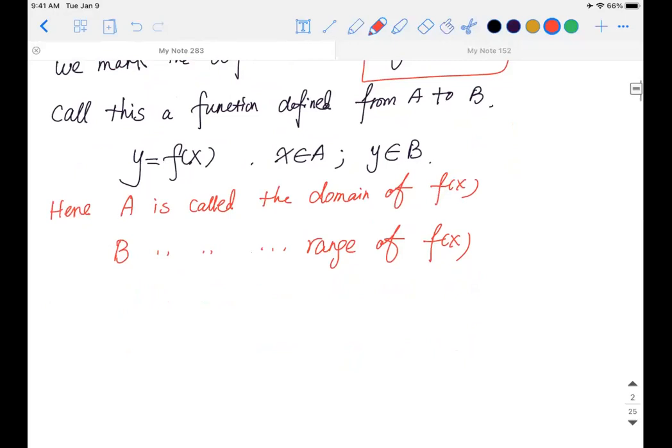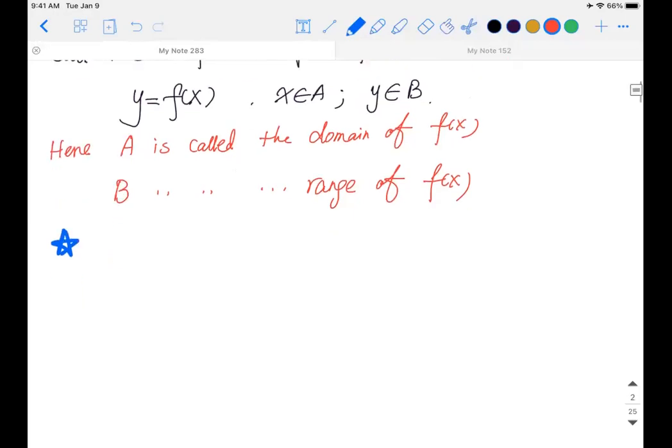Besides that, there is another very important concept. In order to call a map from A to B a function, there is a very important criterion. You cannot just randomly take two sets, make a mapping, and say this is a function. So what is the criterion?